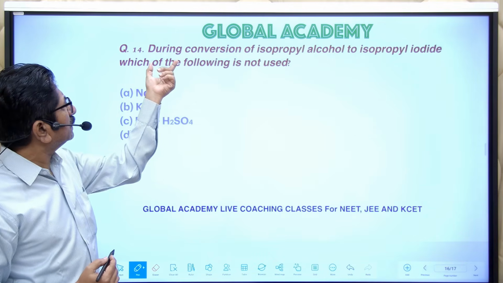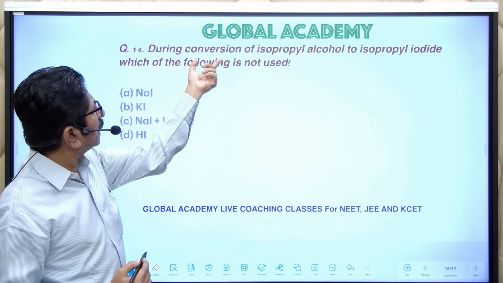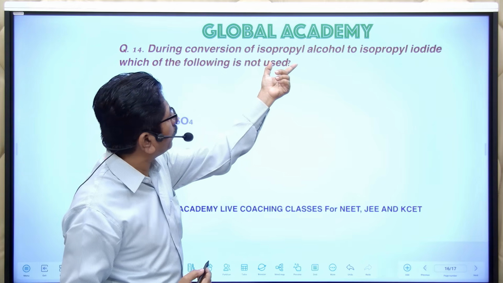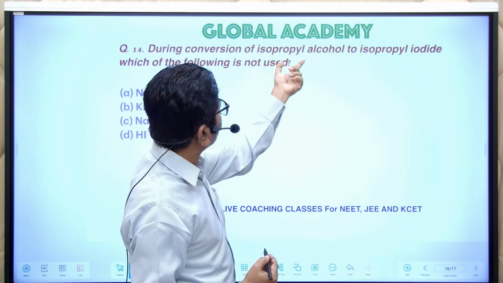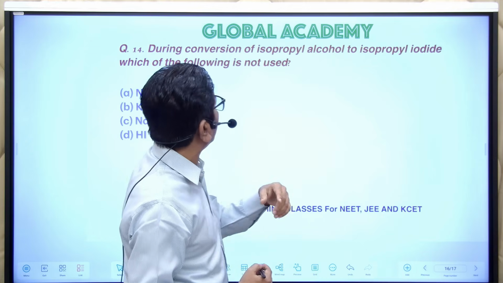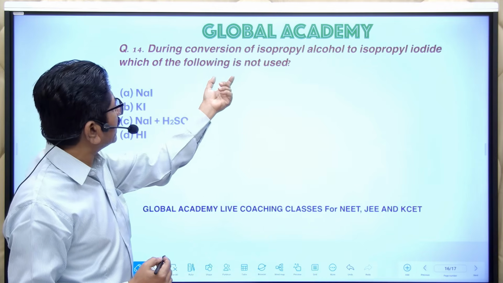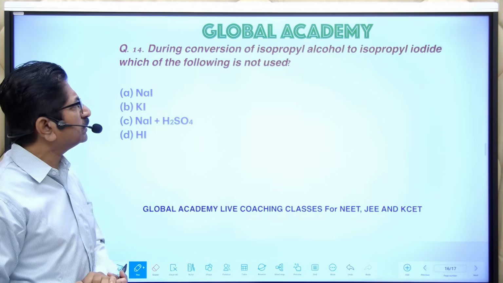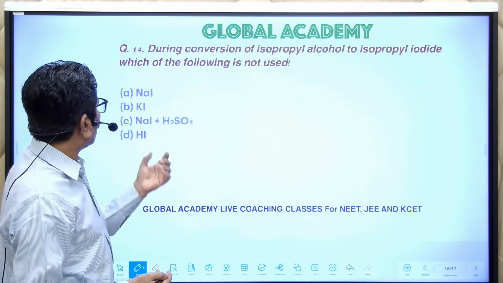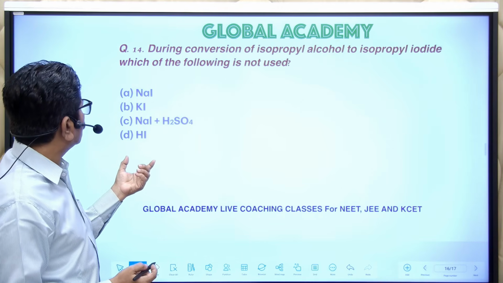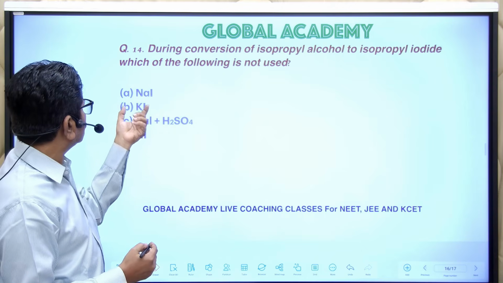The 14th one: during the conversion of isopropyl alcohol to isopropyl iodide, which of the following is not used? Carefully see the options.